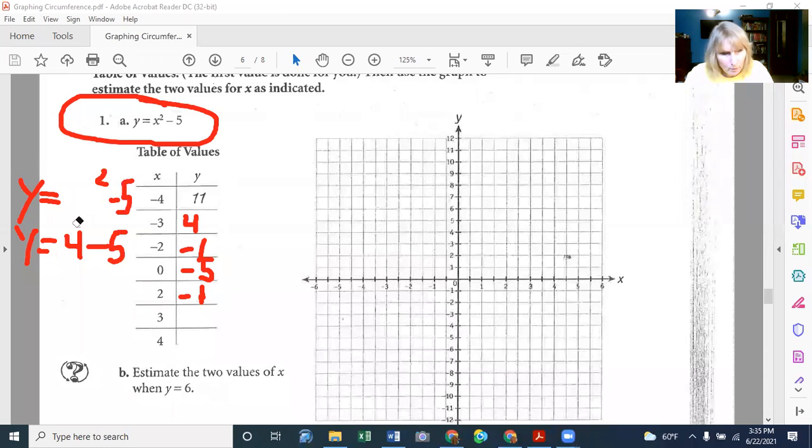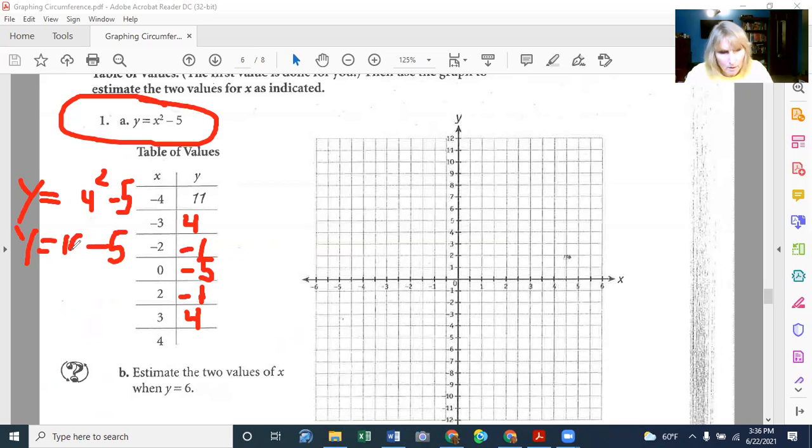Okay, and now we're going to put in 3 for the x value and get 3 squared, which is 9. 9 minus 5 is 4. And finally, we're going to plug in 4 squared. 4 times 4 is 16.